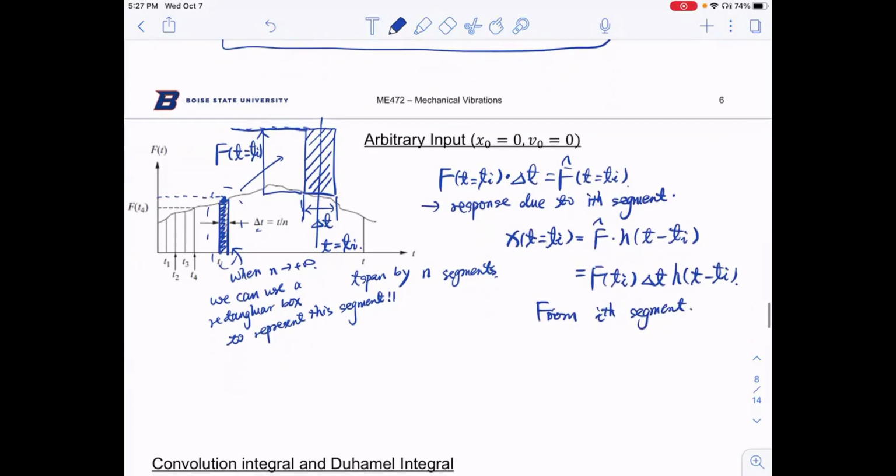As I mentioned before, we divide this arbitrary force into n total segments, so we can use superposition. That means your total response is going to be the summation from the first segment all the way to the last segment. Within each segment, your response is something like this.